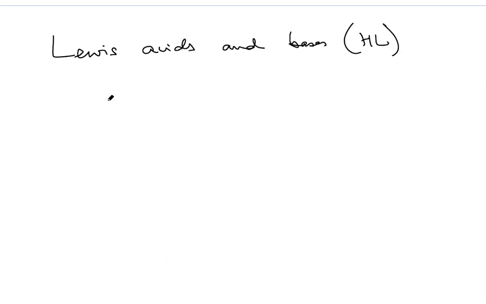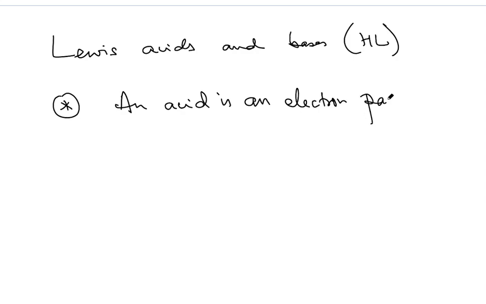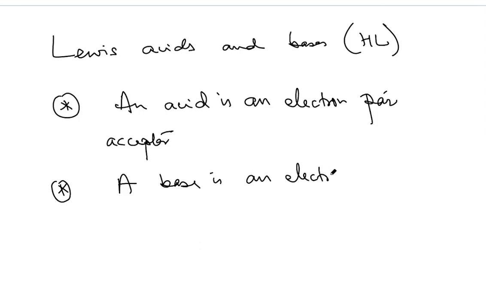Lewis says that an acid is an electron pair acceptor, and a base is an electron pair donor.